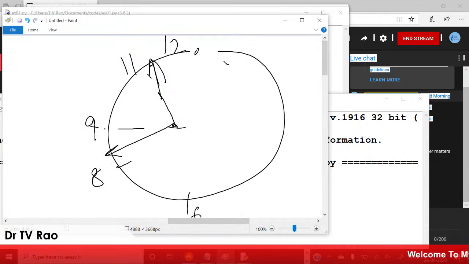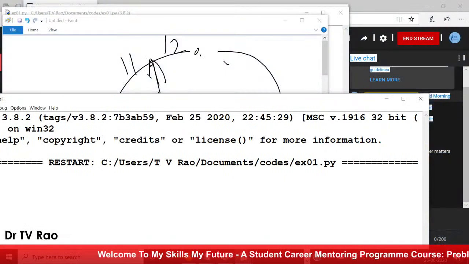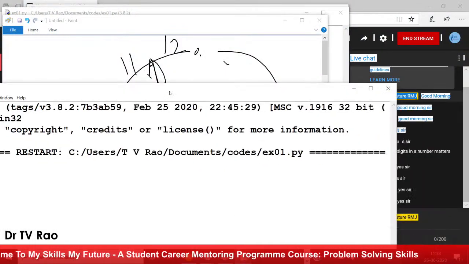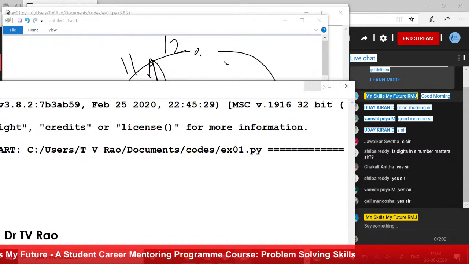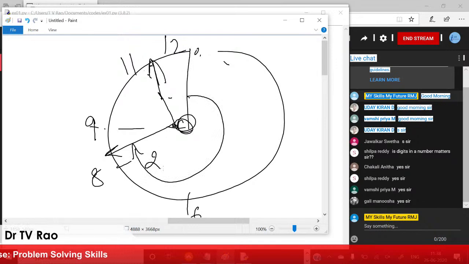Now, what are the angles? 246 and 350. So this is 246 and this is 350.